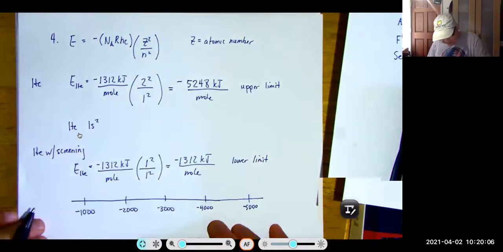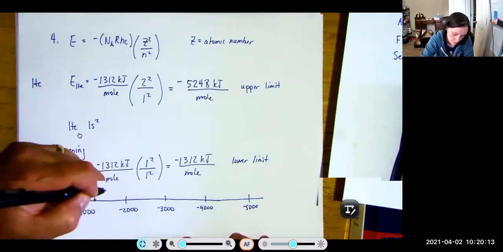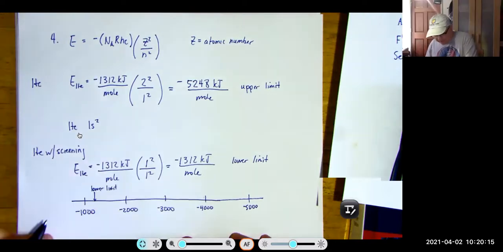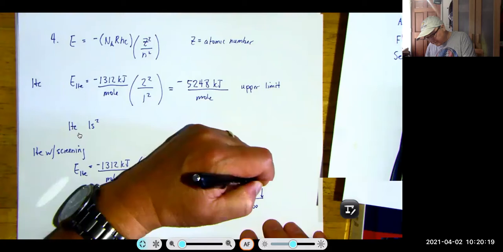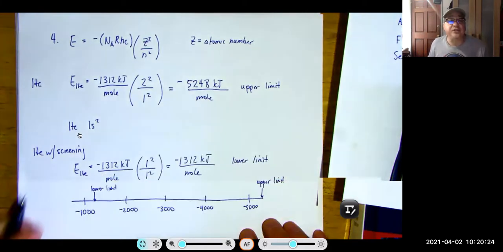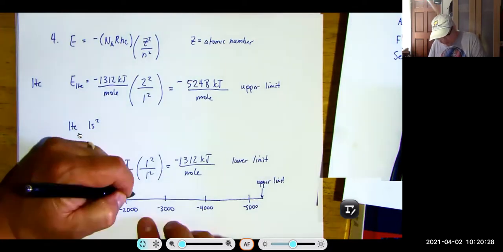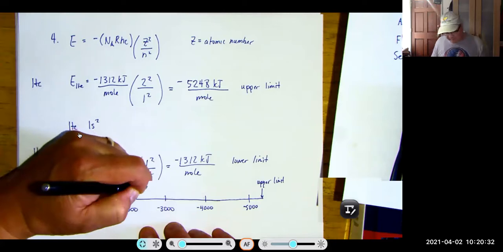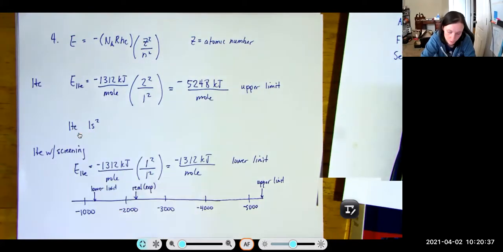So this is about where the lower limit is. And here, 5,248, this is the upper limit. And the experimental value is 2,372, so it is here. This is the real or experimental value, which is supposed to be negative.